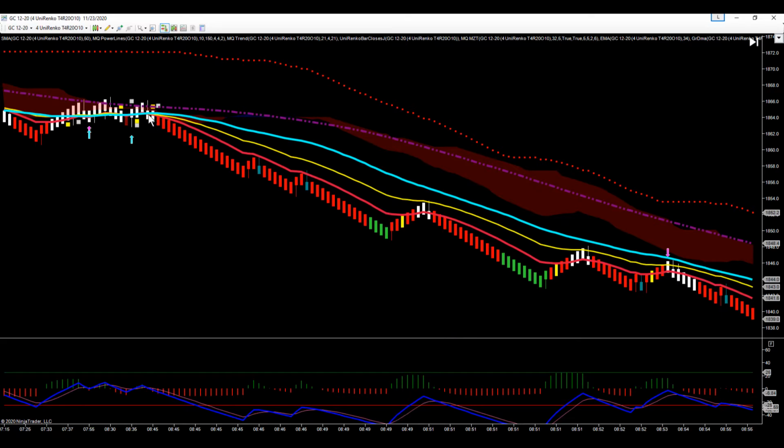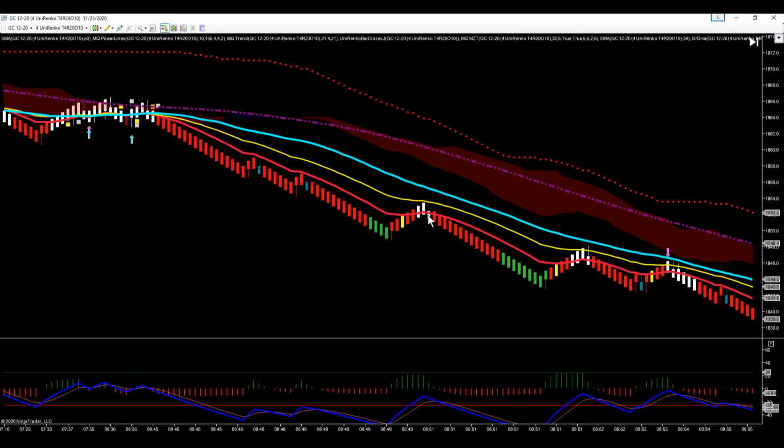So you were in roughly 1863.70 all the way down to 1851. So potential to get at least $1,000 out of this trade, maybe more depending on how you were trading it. But you definitely had the potential to get at least $1,000 out of this trade.